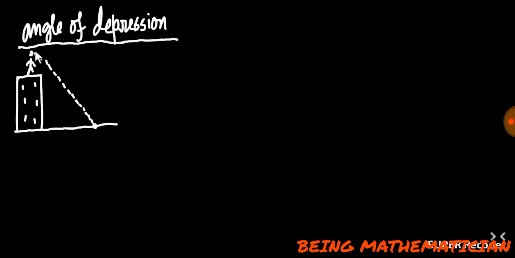Then we can imagine another line which is parallel to the horizontal line, and the angle between these two lines is called the angle of depression.